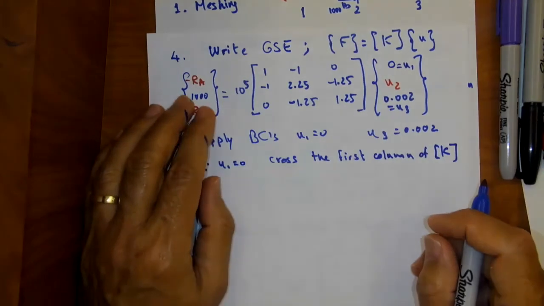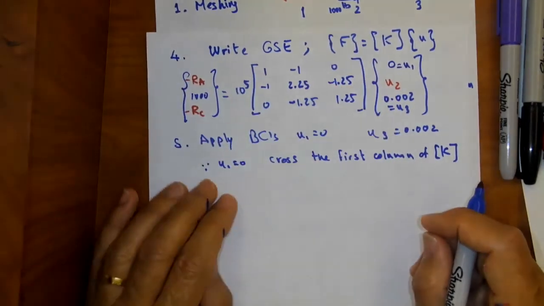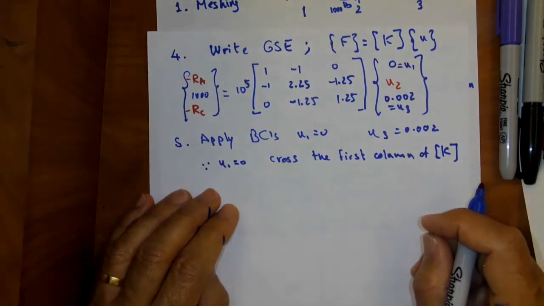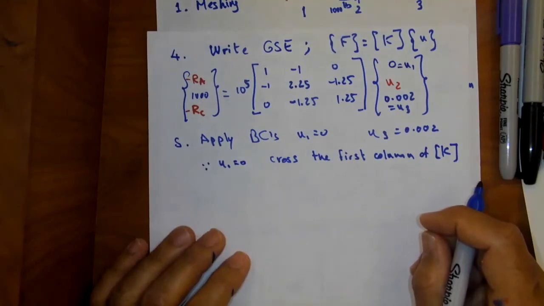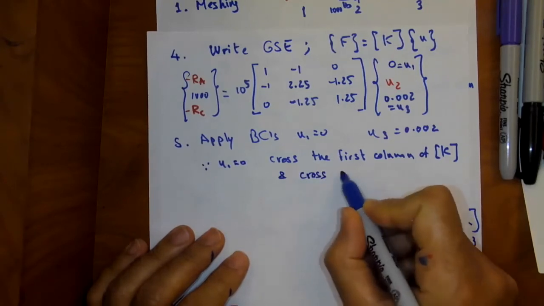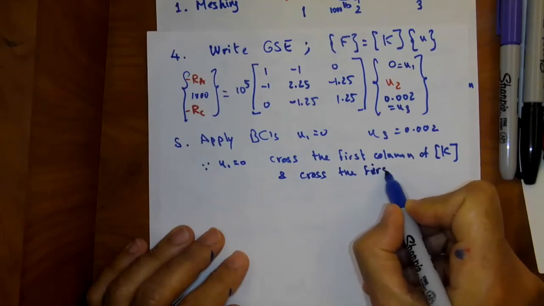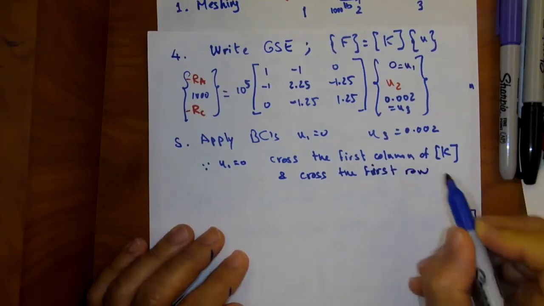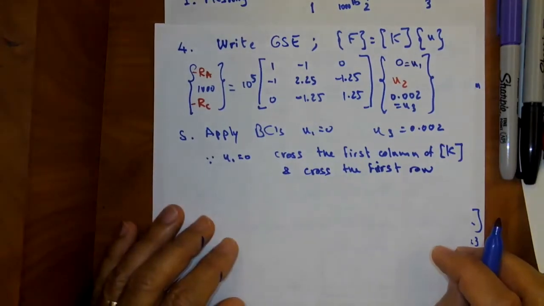And I can also choose to cross out the first row for now, because we're trying to solve for the displacements. This is just how to solve these 3 simultaneous equations.